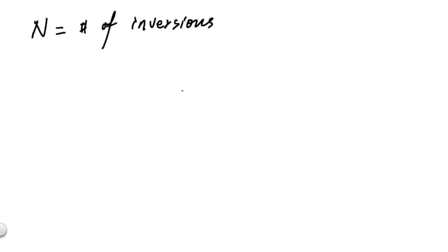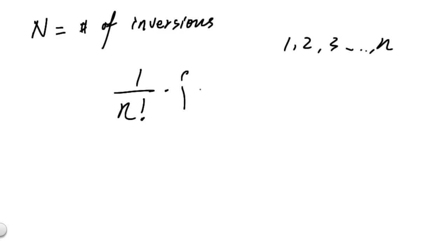Now let's try a direct approach, which is by counting. We know that there are in total n factorial many permutations of the set 1, 2, 3, up to n. In other words, this is the total number of ways we can arrange n people. And 1 over n factorial is simply the probability that each permutation is used. Now for each permutation, let's say permutation sigma, we can count the number of inversions.